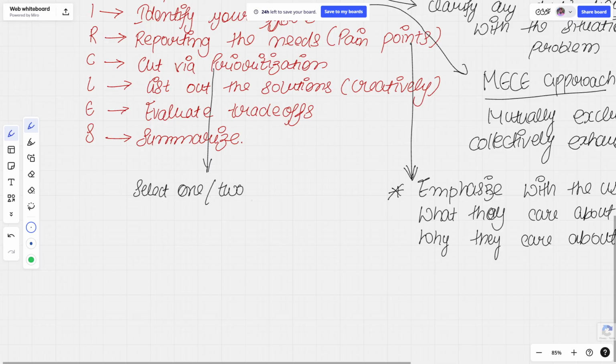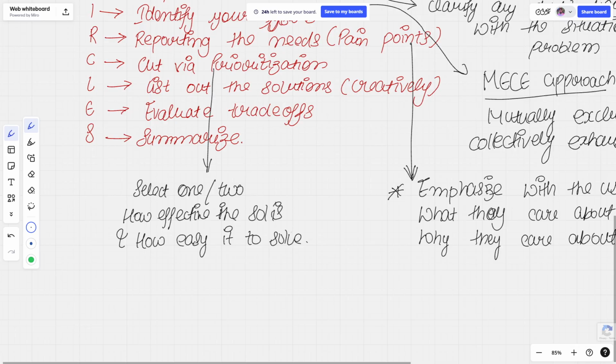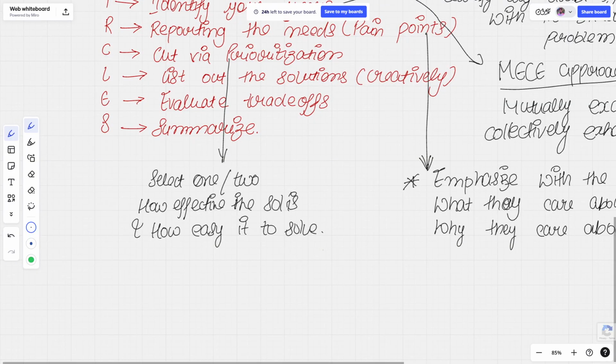We select the prioritization based on how effective the solution is and how easy it is to solve. Easy to solve matters because every time there will be some constraint like time, money, or engineering. So we have to solve the products which are easy given whatever the constraint we are talking about.